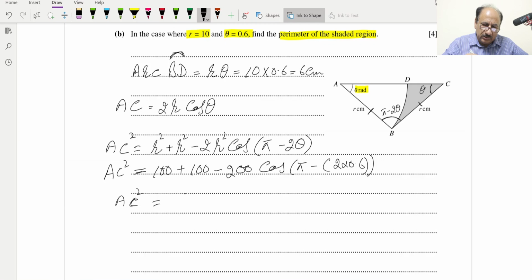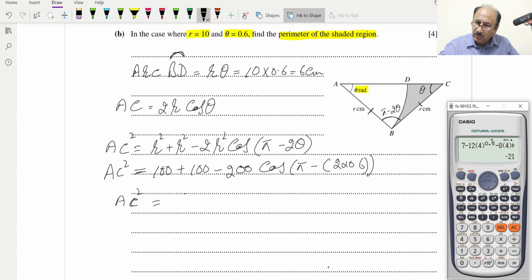Basically we can use a calculator and directly find this one, so no need to simplify. 100 plus 100 minus 200 cos of... we have to change the mode first, this is degree, so shift mode and this should be radian mode.